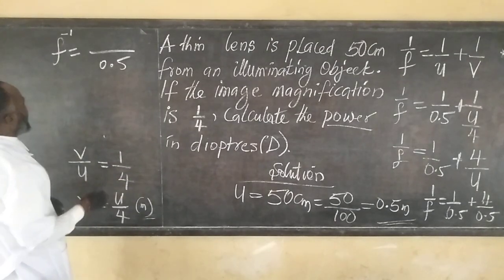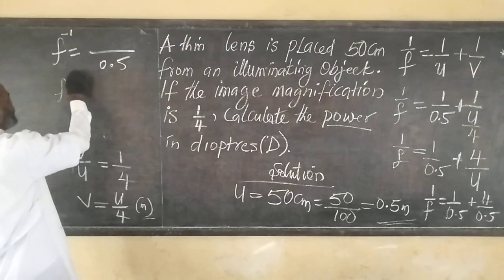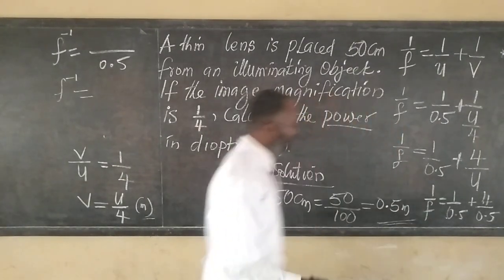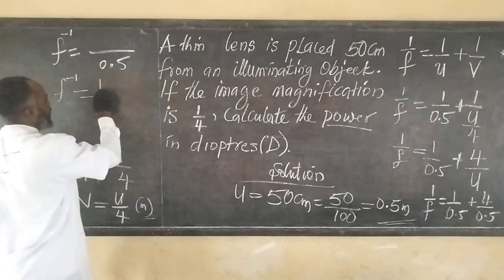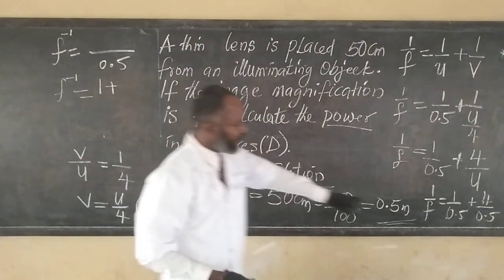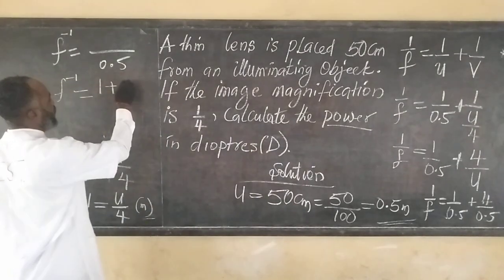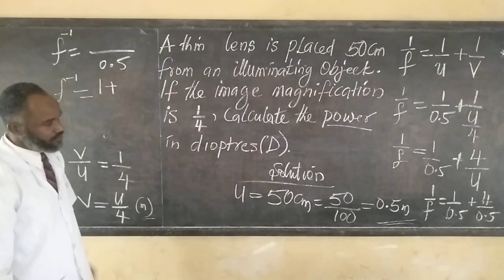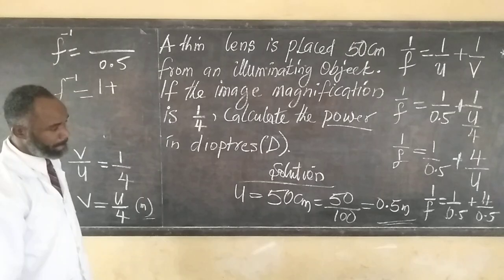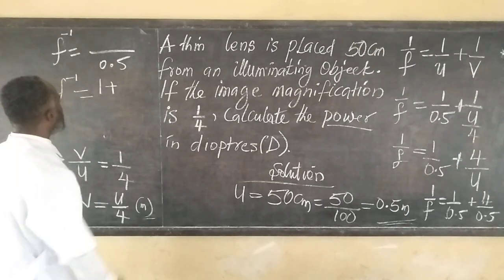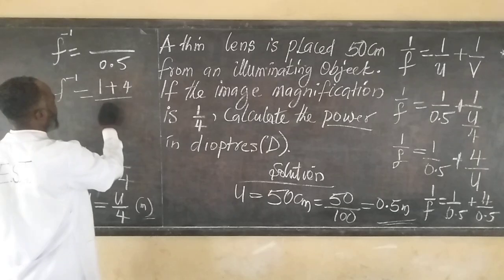So we now have the inverse of f equal to, check this times this, that is 1, plus this divided by this, that is 4. Are we making any mistake? I don't think so. So we have 4 all over 0.5.